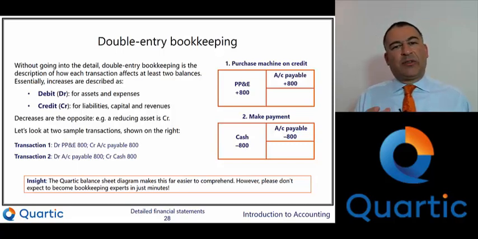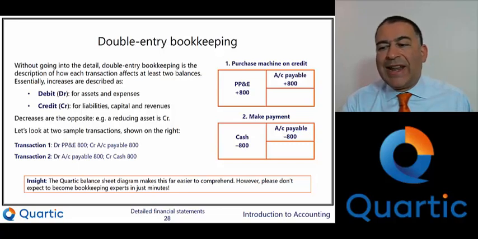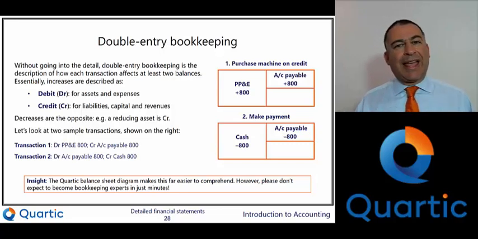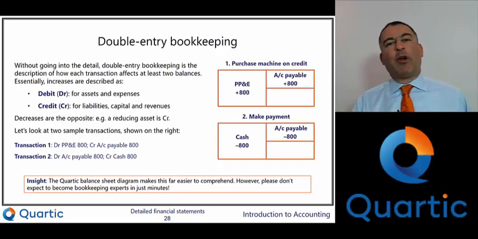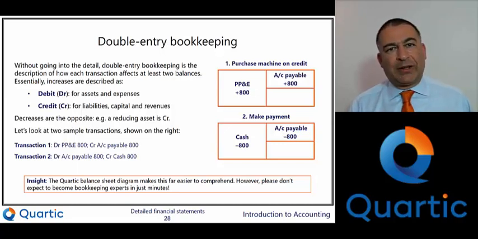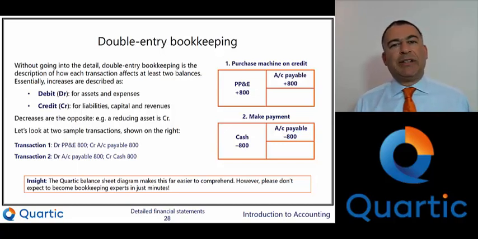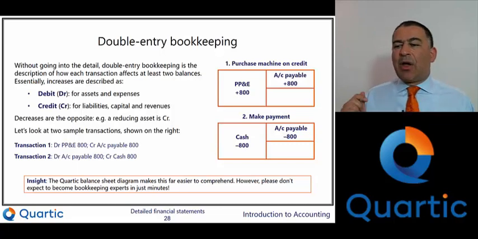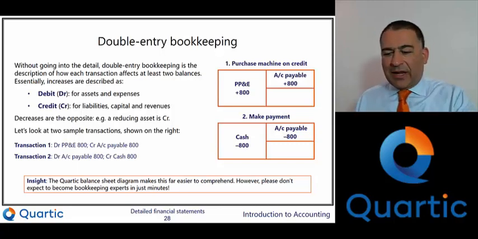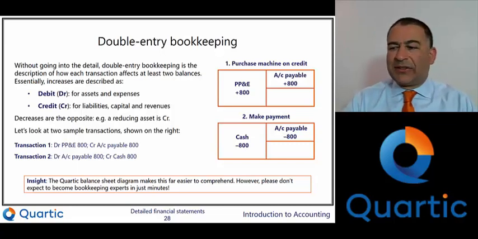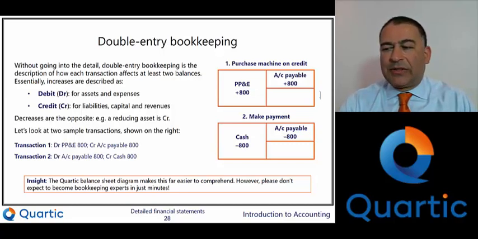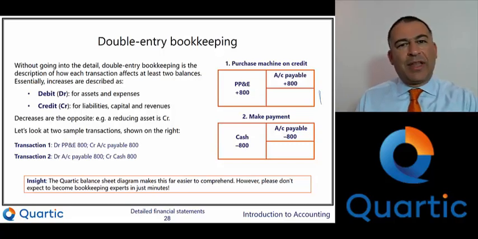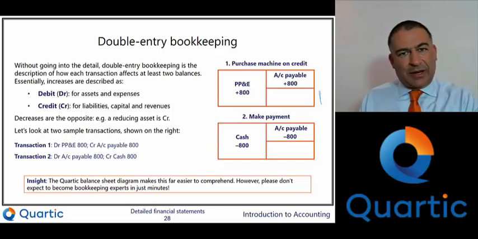And the way this works is the debit represents positive items on the left of the balance sheet, so assets. Credits represent positive items on the right of the balance sheet, i.e. liabilities and equity. Now, if you think about what goes into equity, the equity includes the whole of the retained earnings, and the retained earnings includes the whole of the income statement.